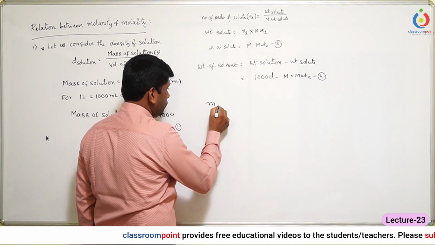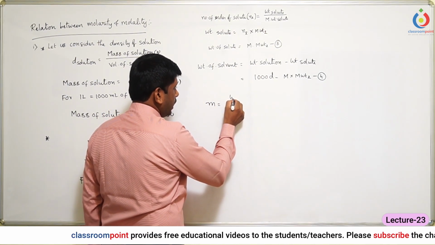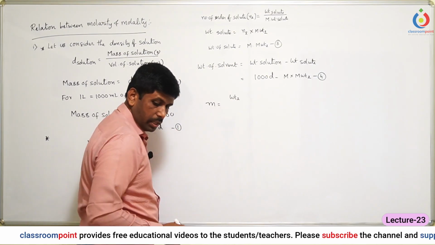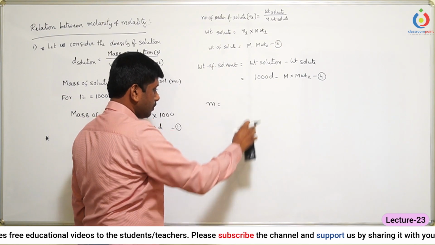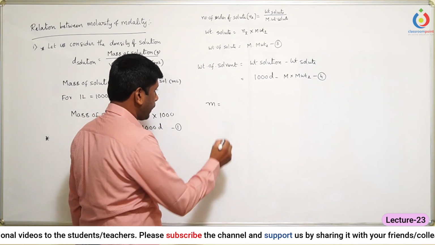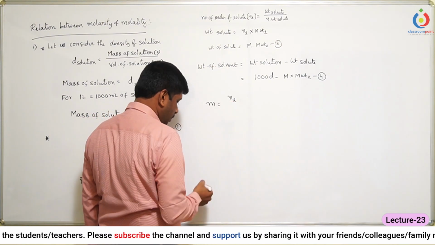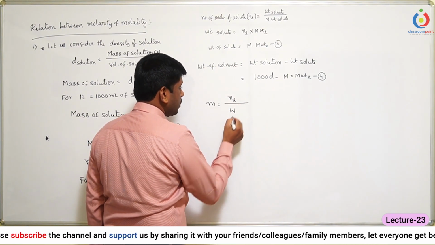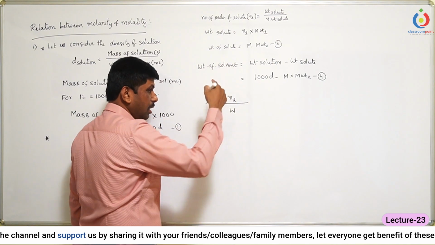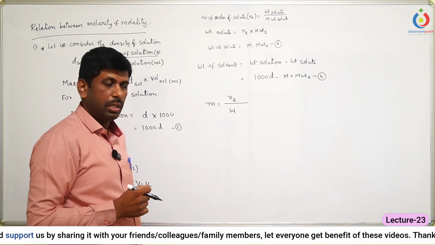Now let us take the molality formula. Molality is equals to weight of solute, or else let us take the number of moles of the solute directly. Number of moles of the solute divided by mass of the solvent in kg, but all these calculations are done in the grams and milliliters.